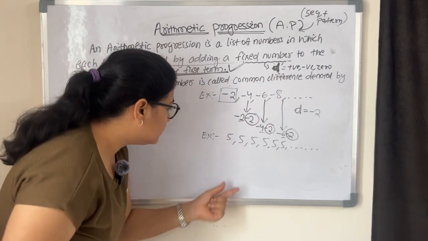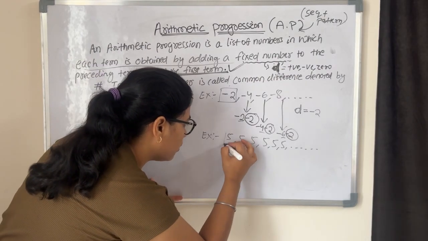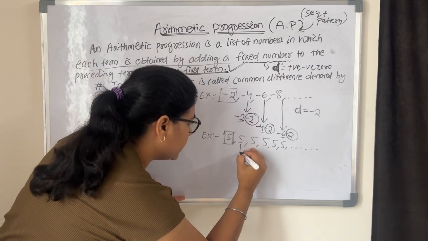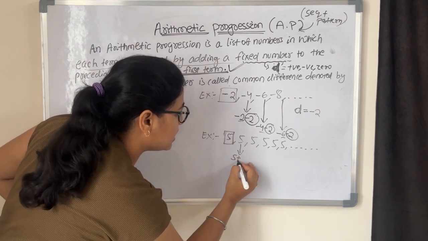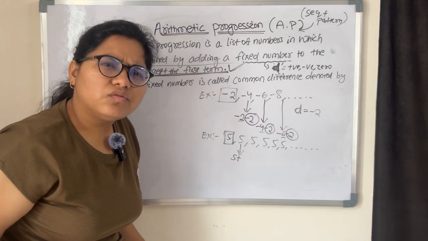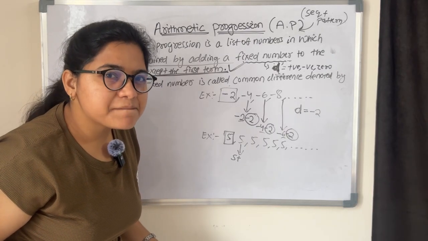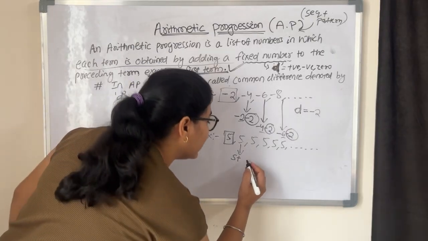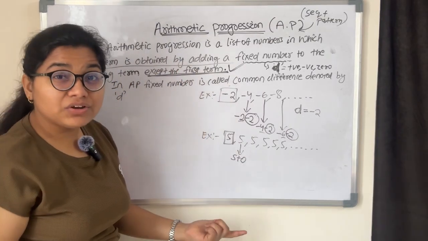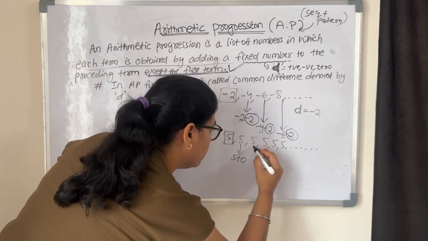So let me check this one also. This, fix it. Then 5 can be obtained by preceding term 5 plus what? 0. We can write 0. 5 plus 0 equal to 5. Okay, positive plus 0 equal to the same number.